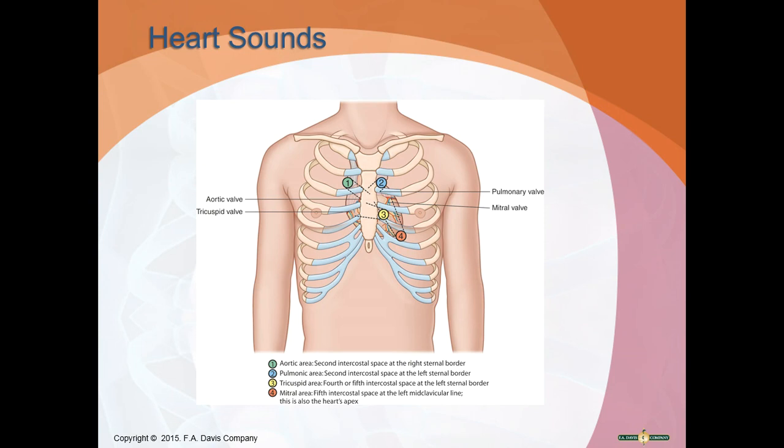The pulmonic area, the second intercostal space, left sternal border. The tricuspid area, fourth or fifth intercostal space, left sternal border, and the mitral area, or the apex, the fifth intercostal space, left midclavicular line. So this, number 4, is where we're usually listening to the heart sounds.